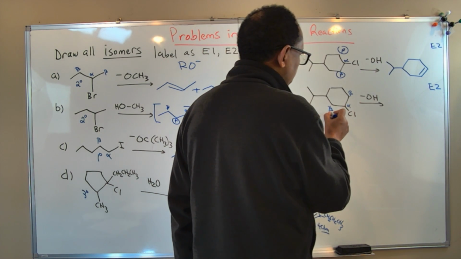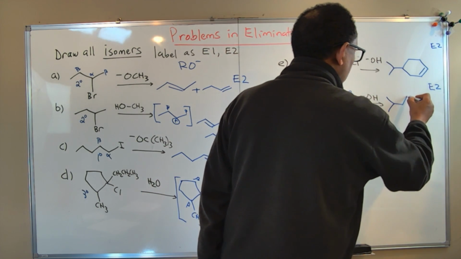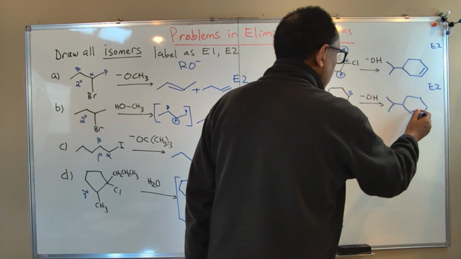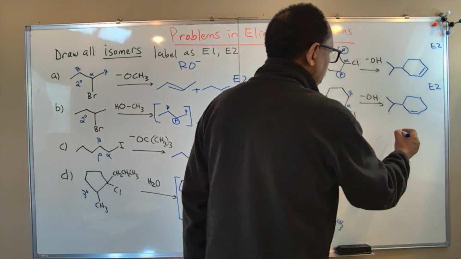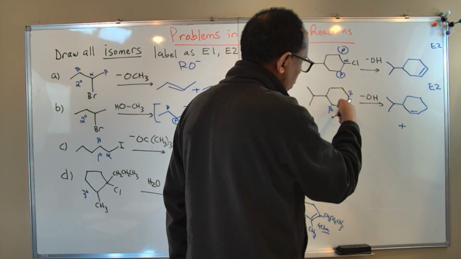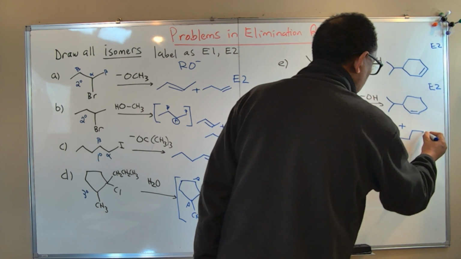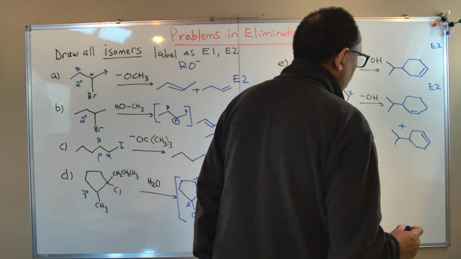So if I lose first from this beta carbon, the product I would get would look like this, because this is where I lose it. And the other one, if I lose the beta hydrogen from this one, the product looks like this.